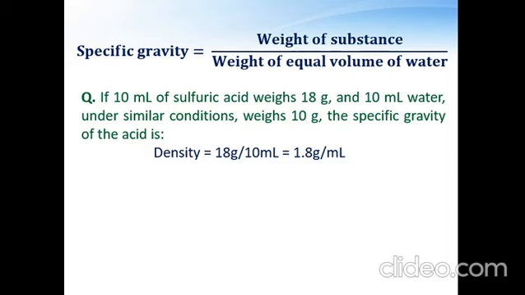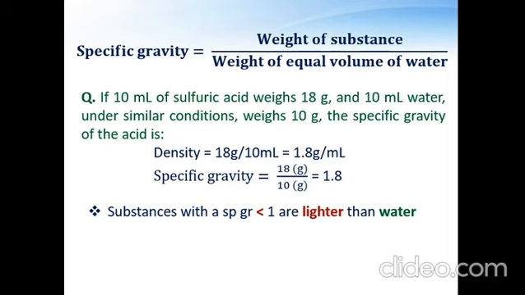That is 1.8 gram per ml. And the specific gravity is 18 grams divided by 10 grams, because the 10 ml water under similar condition weighs 10 grams. So the specific gravity of this acid is 1.8.